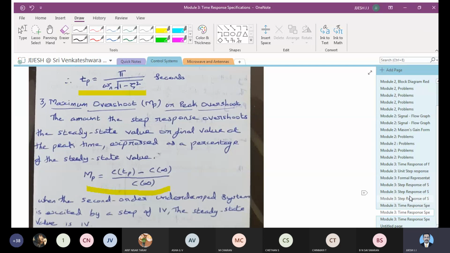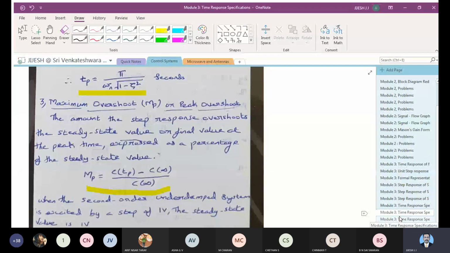Then we have also studied phi, and by using all these equations we are doing the time response specification for a second order system. You need to start studying all these things together along with my class, so it will be easy for you to understand. If anything needs to be discussed, we will discuss it further. You can ask any doubts, we can discuss it.